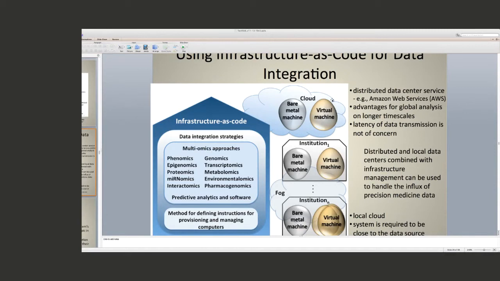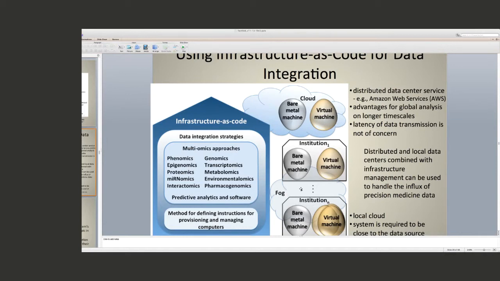A cloud is a distributed data center, such as Amazon Web Services, good for global analysis, and you can do computation on a large scale in it. Latency of data transmission is not a concern when you're working in the cloud, because your application shouldn't be sensitive to that. If it is, then you should be working in the fog, which is a cloud close to the ground.